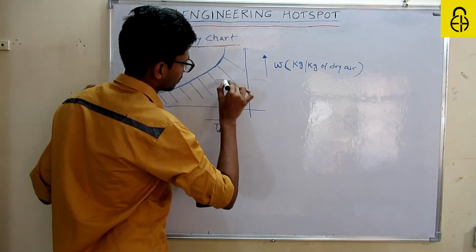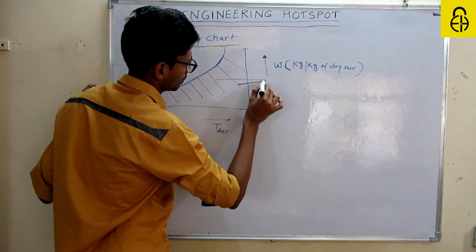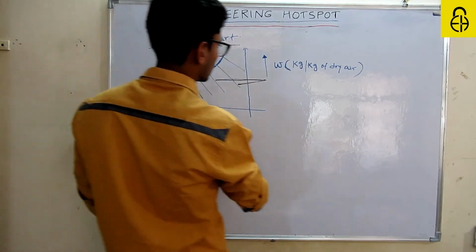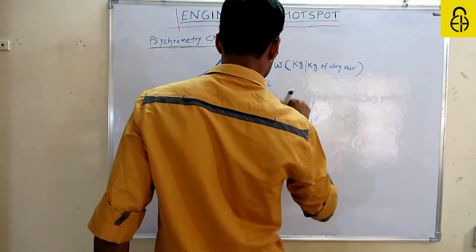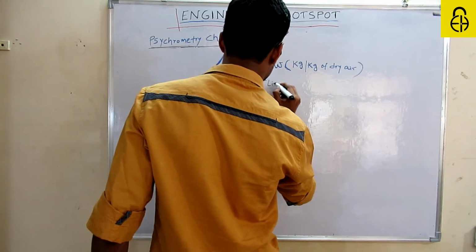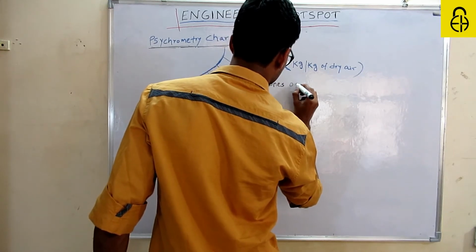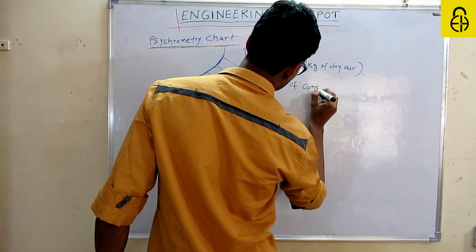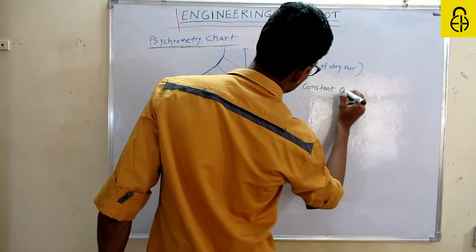You need to remember this, okay? This is very important. These are the lines of constant enthalpy.